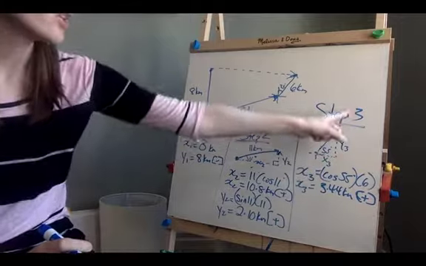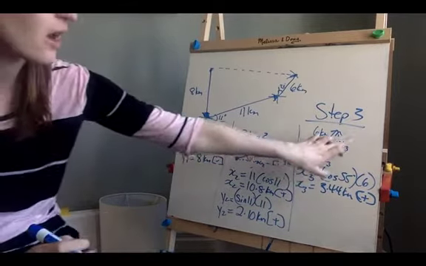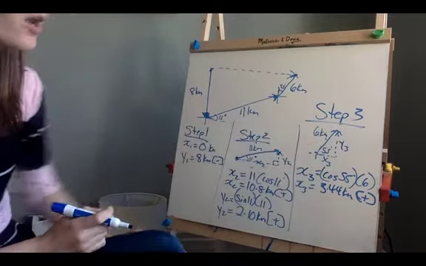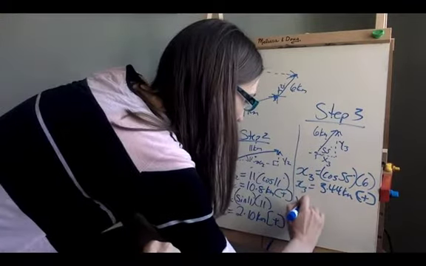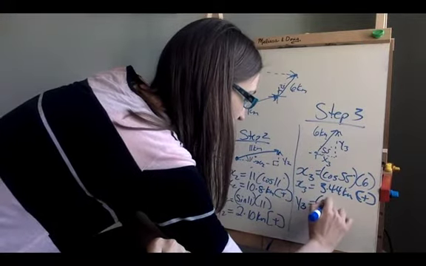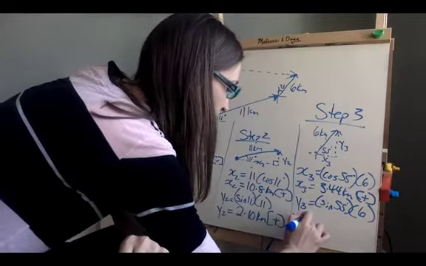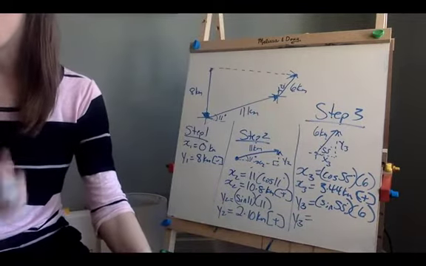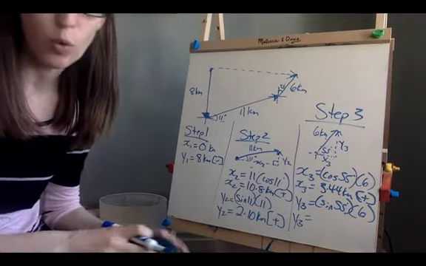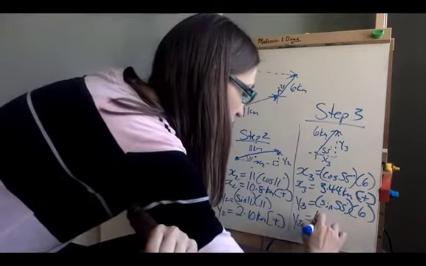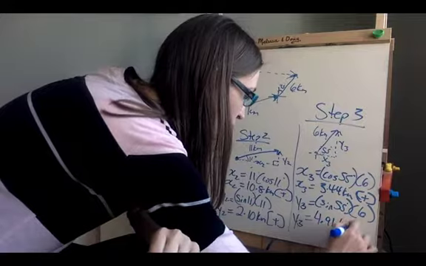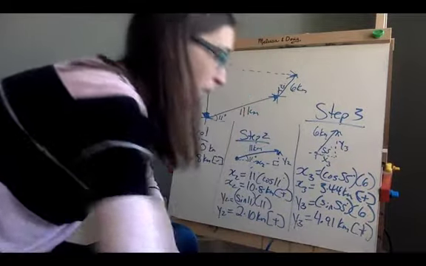And then the y value, again, is going up, and it's the opposite side length with the hypotenuse given, so you can use sine there. So y3 will be found by taking the sine of 55 degrees and multiplying it by the 6, and that gives you a value of 4.91 kilometers. And again, that's in an upwards positive direction.